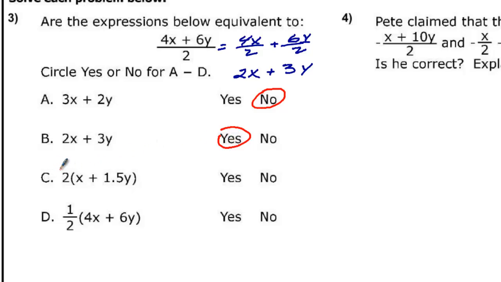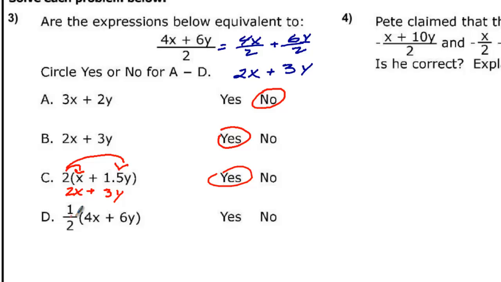Letter C, now there's a little multiplication that we have to do. We actually have to do the 2 times x, which would be 2x, plus 2 times 1 and 1/2. So 1 1/2 twice is 3. So yes, that one works.